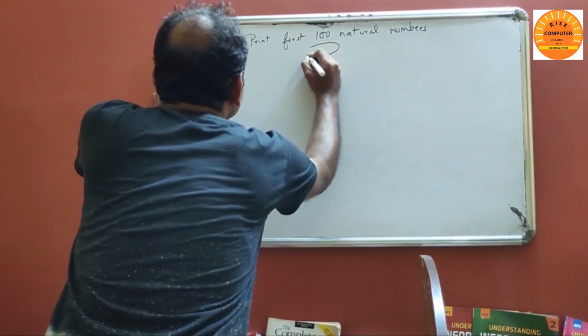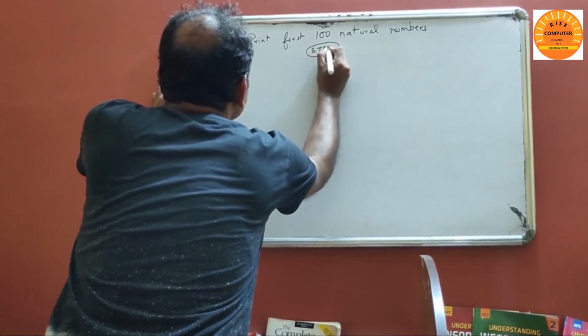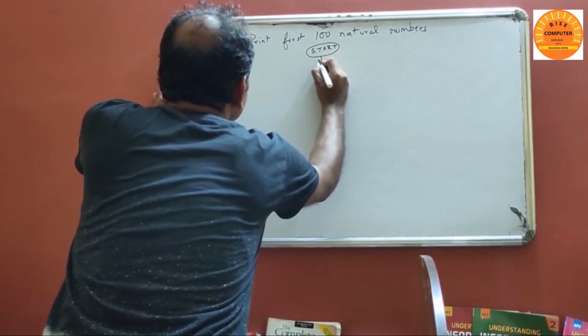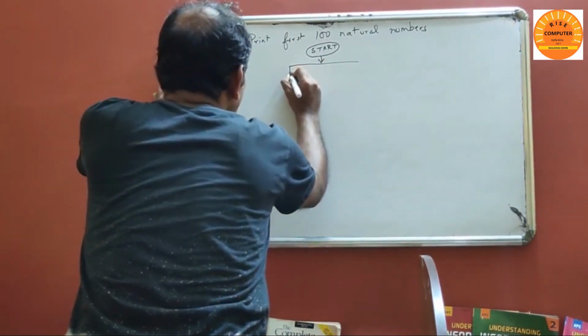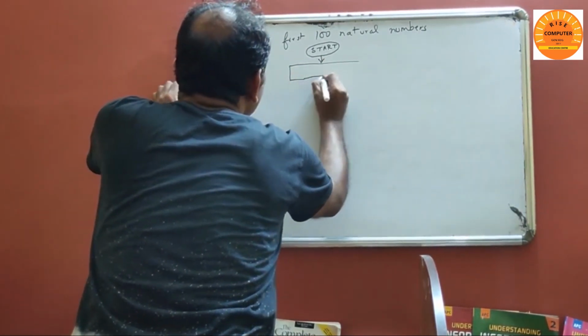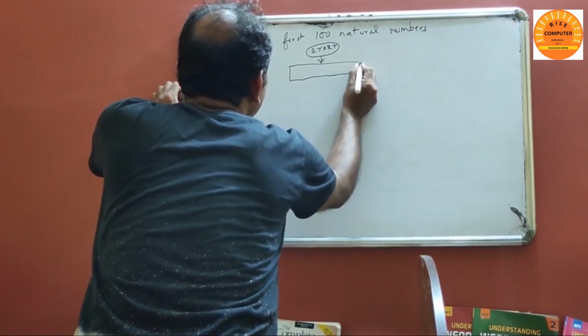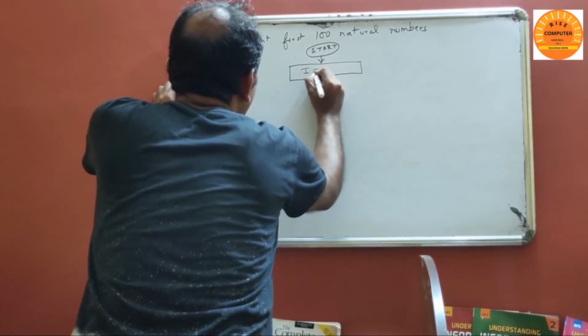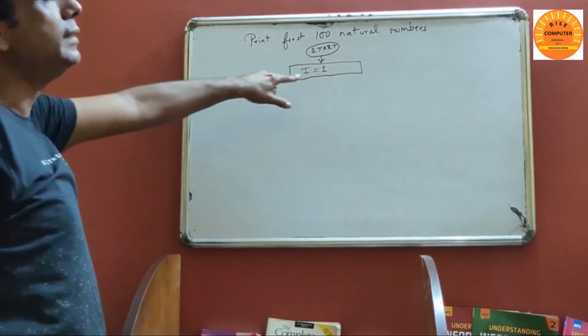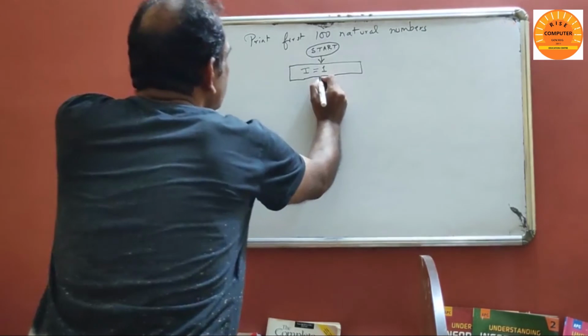First start, with I equal to 1. That means this is my start value.